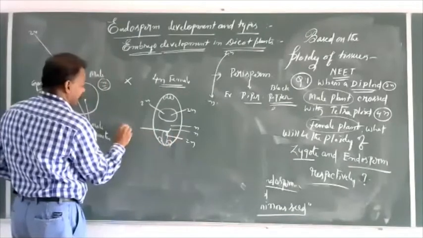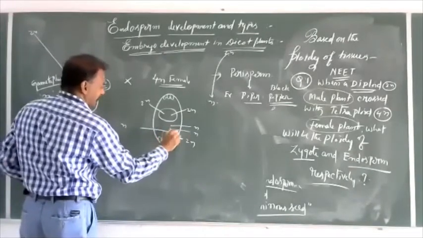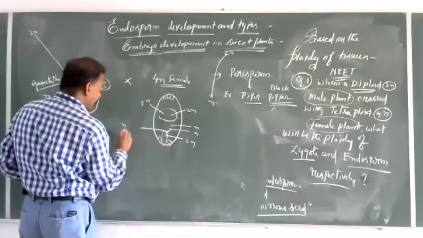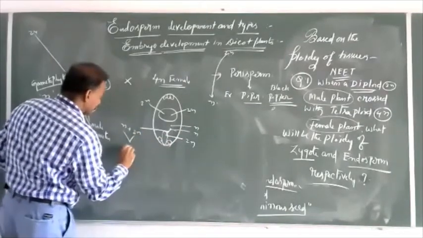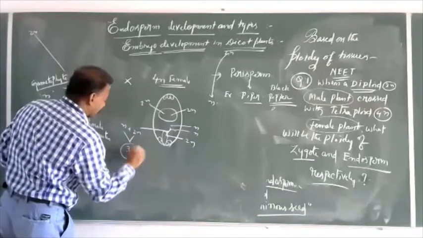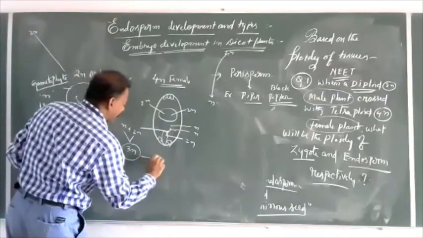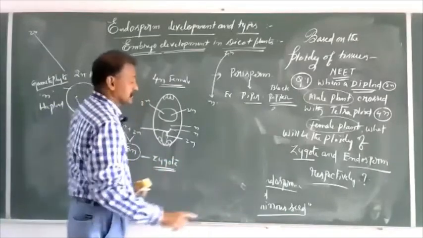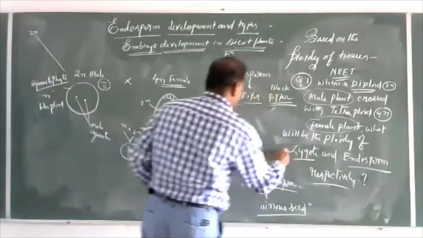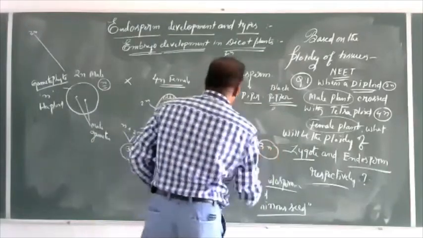Here, n of the male gamete plus 2n of the egg, n plus 2n, 3n is the ploidy of the zygote.